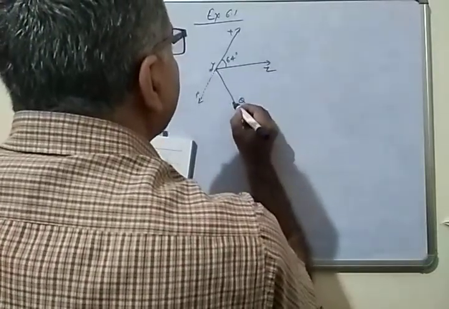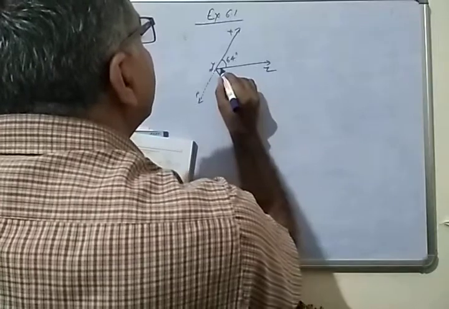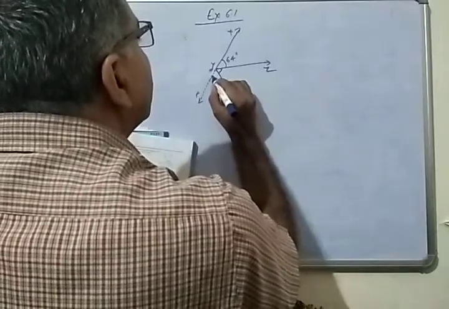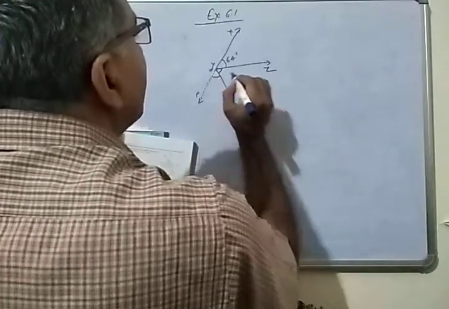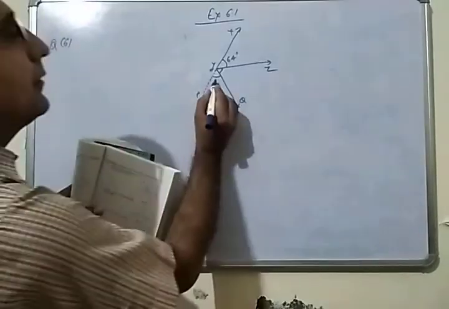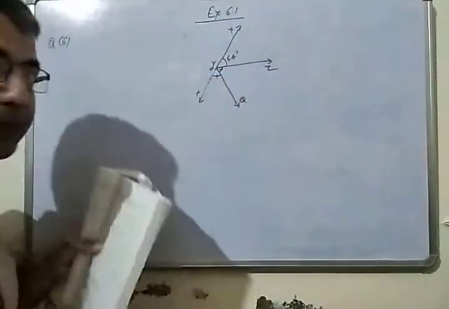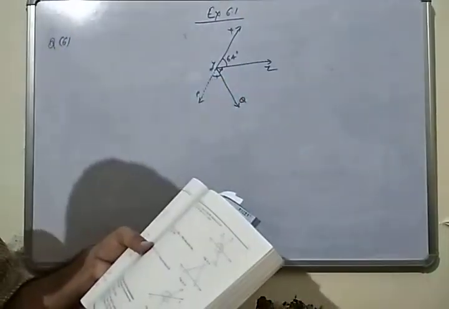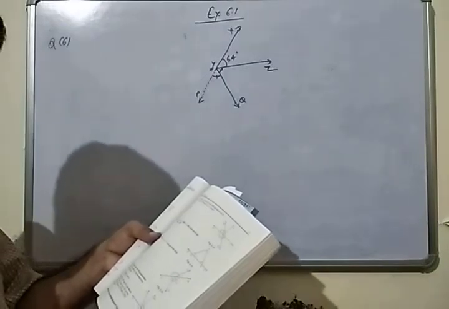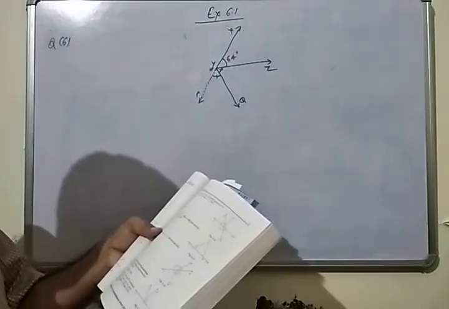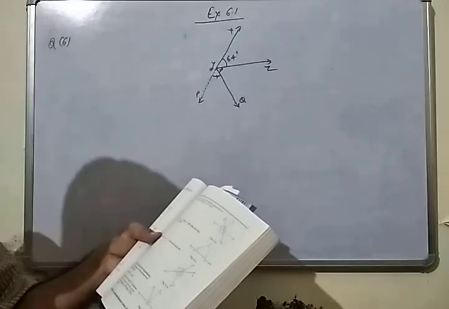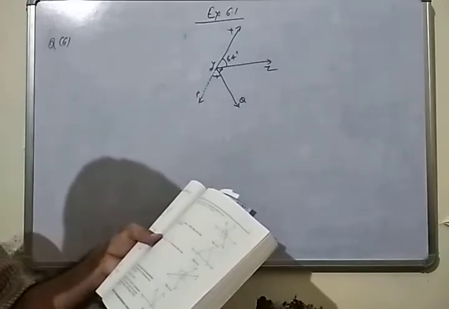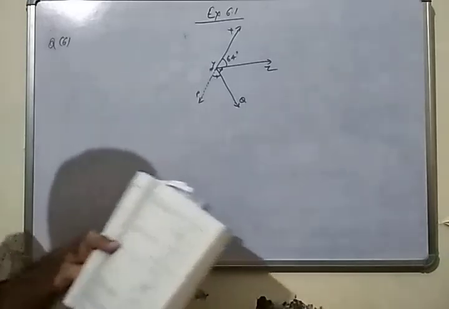Bisect means this divides the angle into two equal parts. If ray YQ bisects angle ZYP, find XYQ and reflex angle QYP.